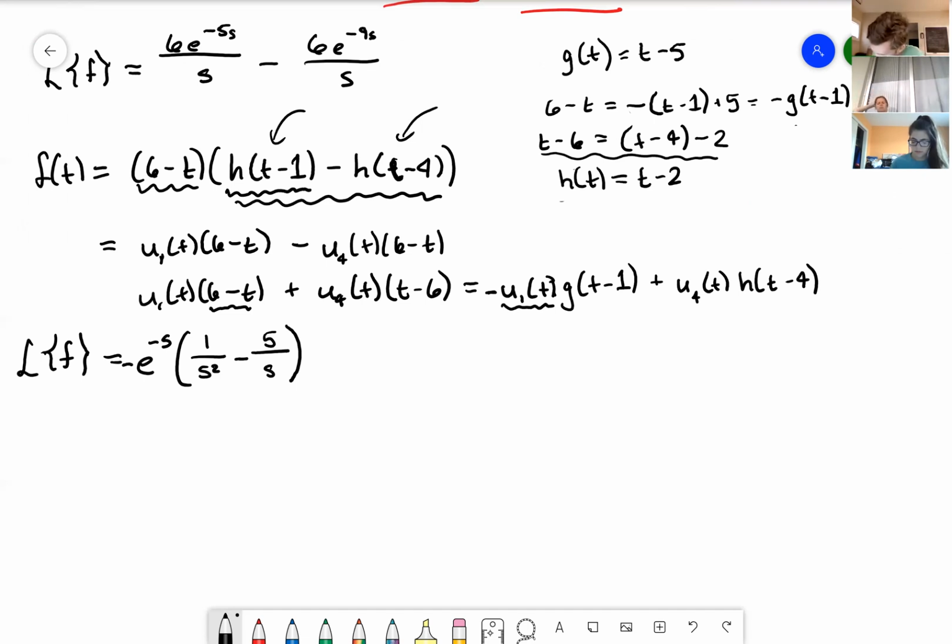And plus e to the minus 4s, so that's our shift. And then the h is t minus 2, so t will be 1 over s squared, and minus 2 will be minus 2 over s.